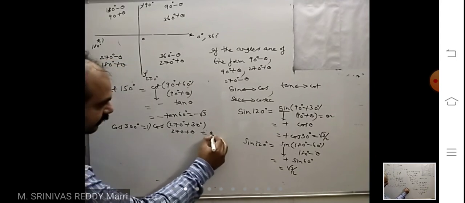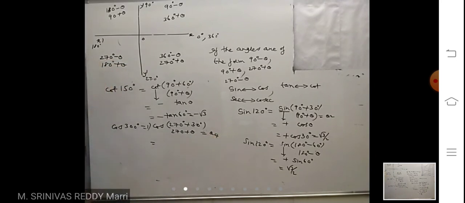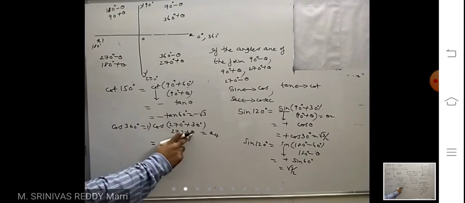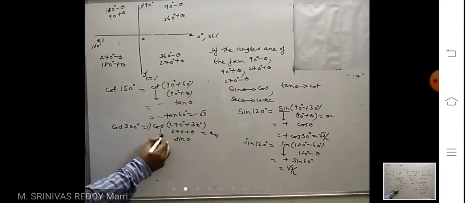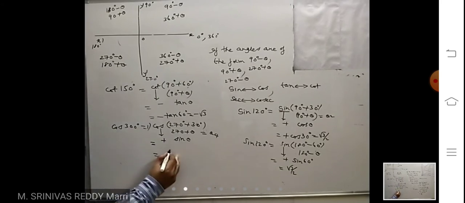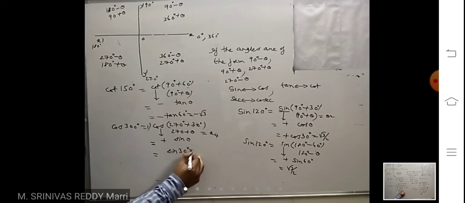Fourth quadrant. So I can write, if cos is there, sin theta. So in 270 plus theta means fourth quadrant, and in fourth quadrant cos is what? Positive. That means your answer will be sin 30 degree. That is nothing but 1 by 2.